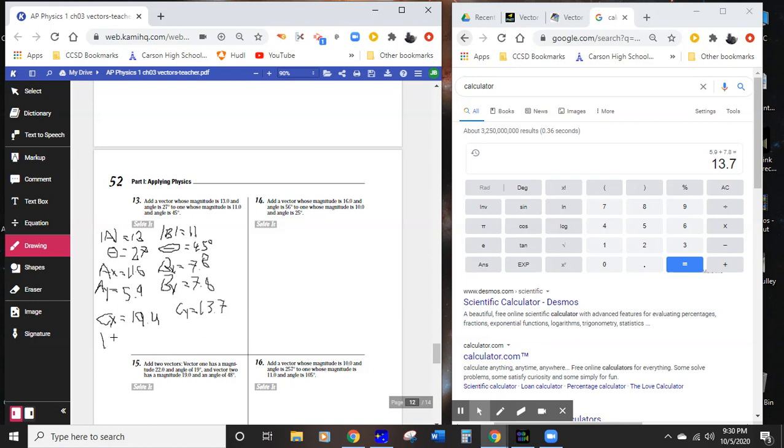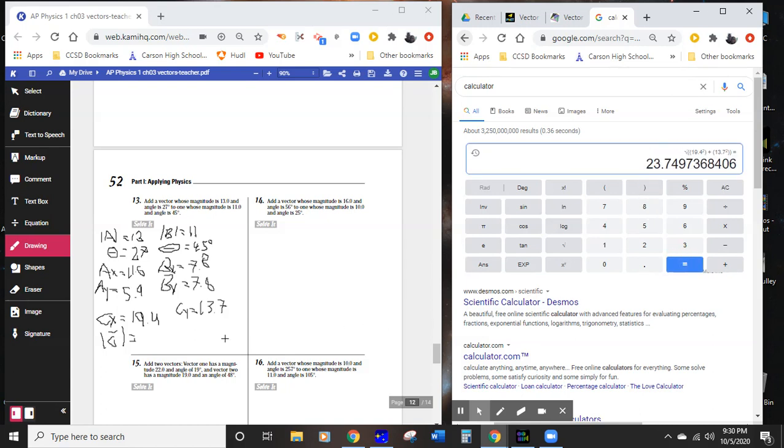So the magnitude of vector C is going to have to be found using the Pythagorean theorem. We'll do it over here so you can see it. It's going to be the square root of 19.4 squared, and I want to add to it 13.7 squared, and close it up.